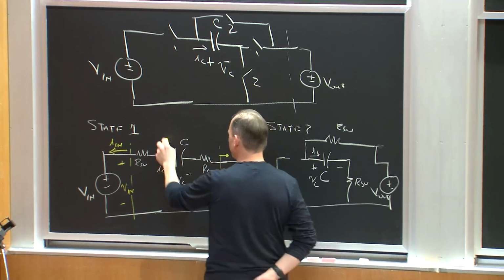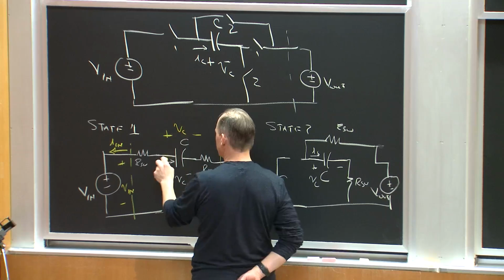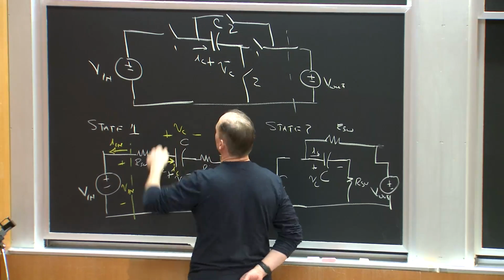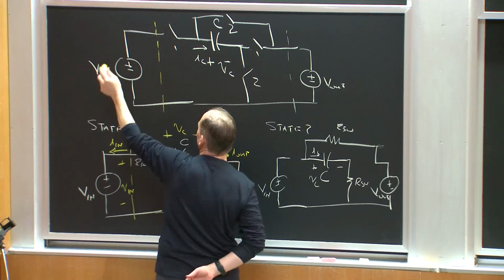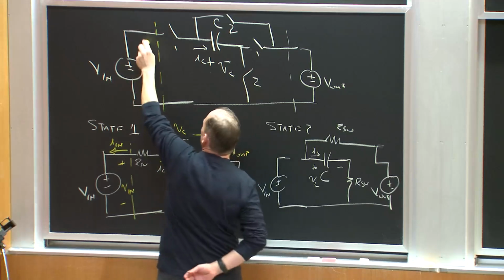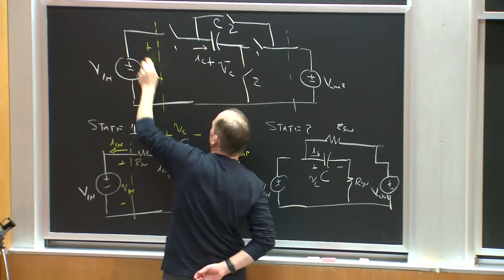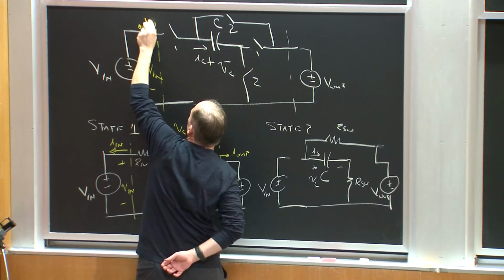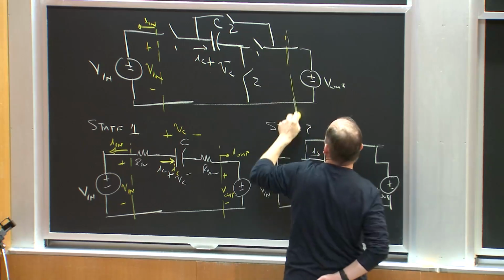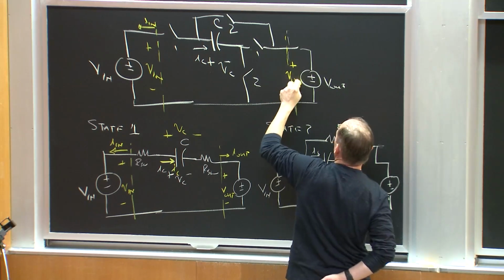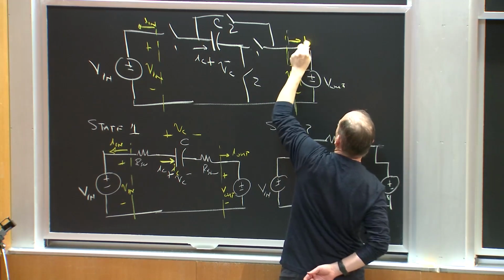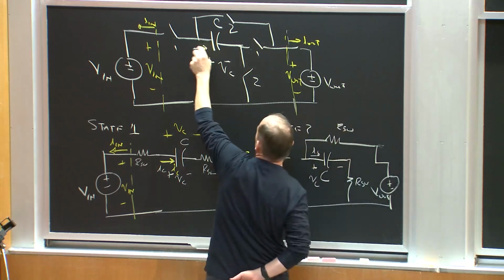And then I have VC and IC. I guess I should have drawn this on the main circuit, right? So this is V in, I in, V out, I out, and VC, IC.